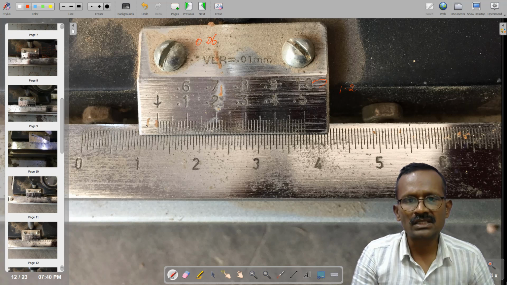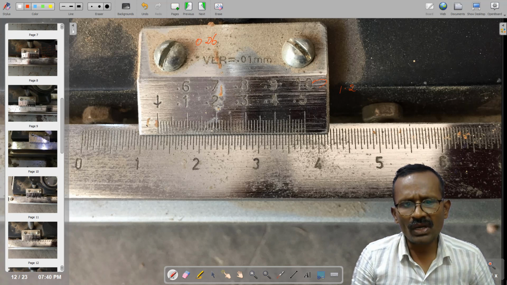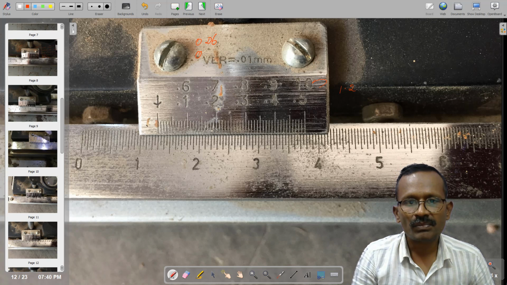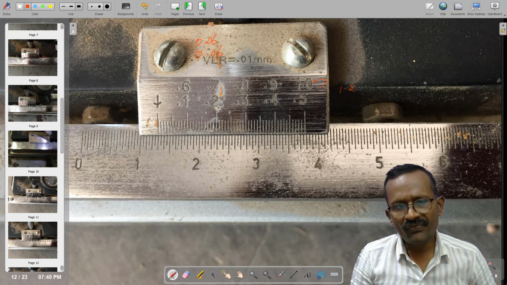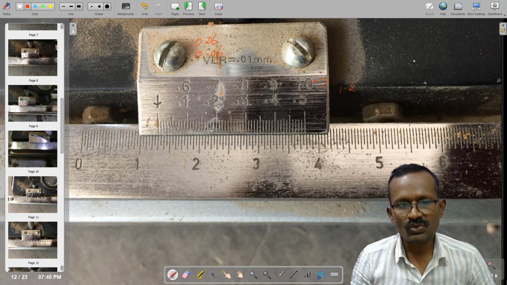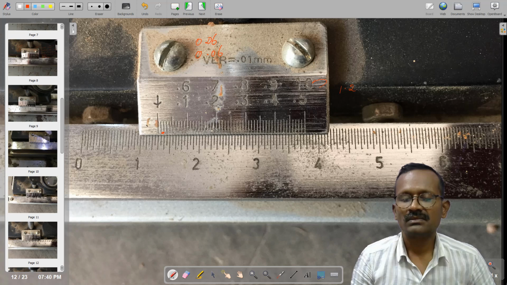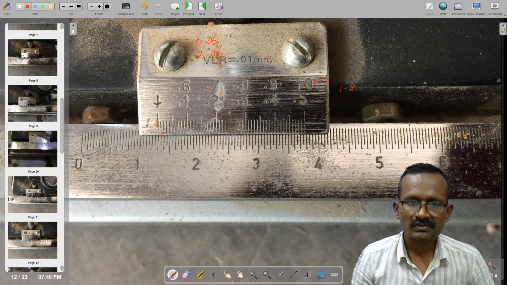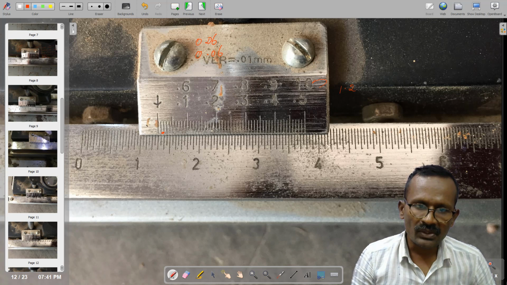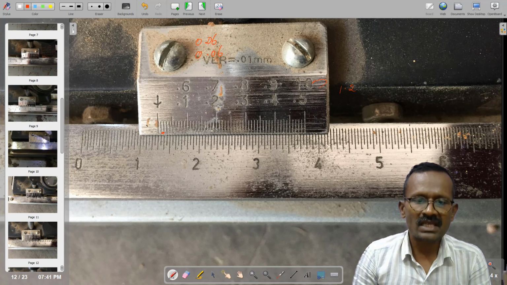This is not 0.6, this is 0.06. 0.065. If it is 0.6, what about this one? No problem. But I tell you, this is the line that coincides with the main scale.